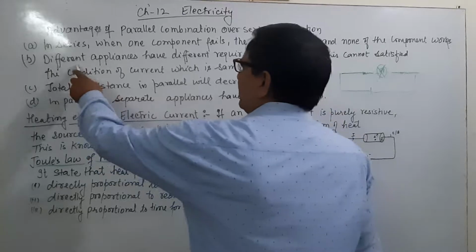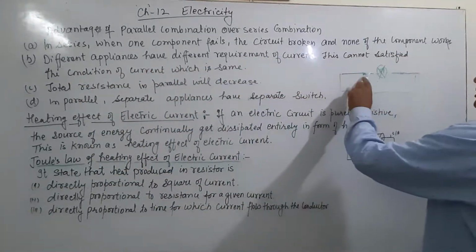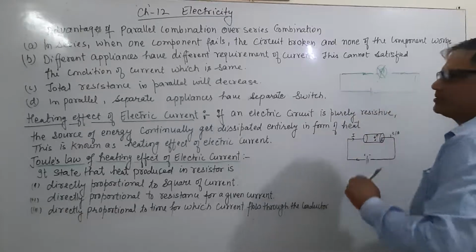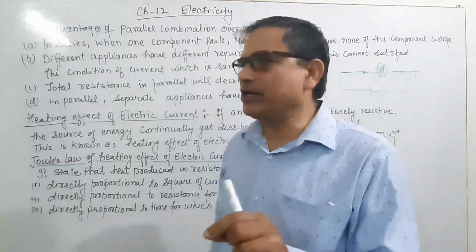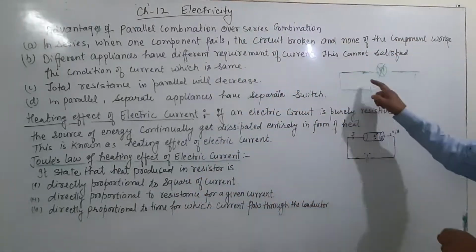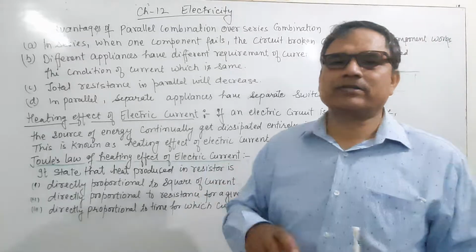And different appliances have different requirements for current. Say A, B, C. Here the current is the same for each and every appliance, but the current requirement is different for different appliances.